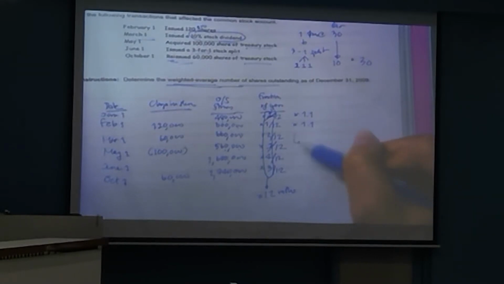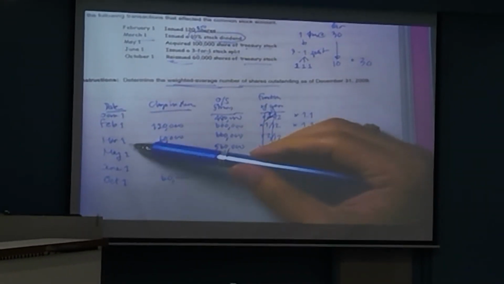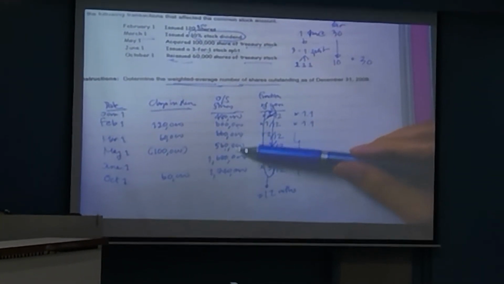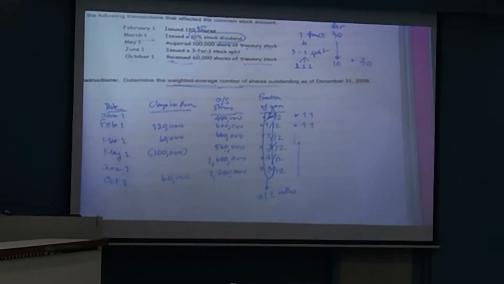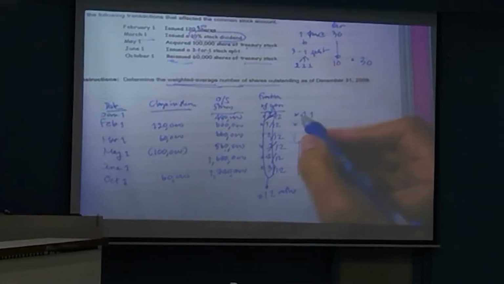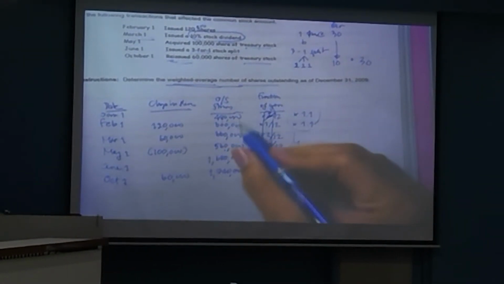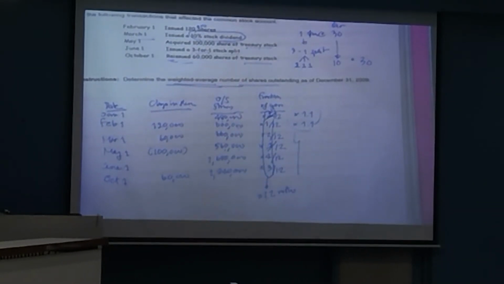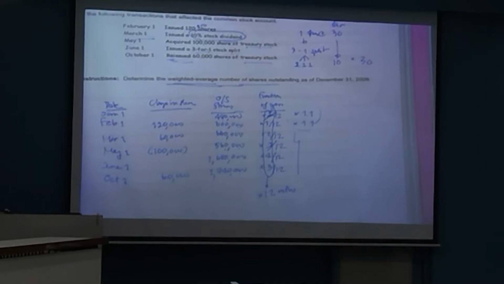What about the rest? You don't need to worry about that, because after March the 1st, it's already split. You don't need to mess with that. That's why you need to multiply only 2 numbers. Assume just like this outstanding share happened from the beginning of the year.